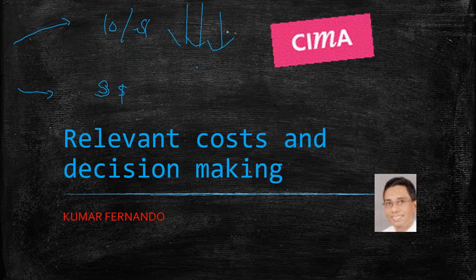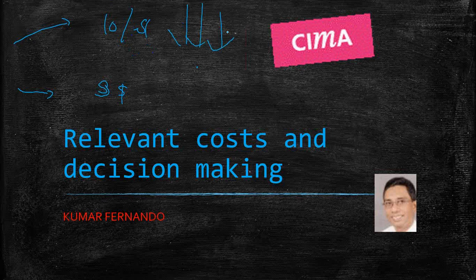That is basically what we call the relevant cost and relevant revenue. The additional revenue is what we call the relevant revenue, and the additional cost is what we call the relevant cost. Because we take a decision, whatever additional cost or additional revenue results is the relevant cost.